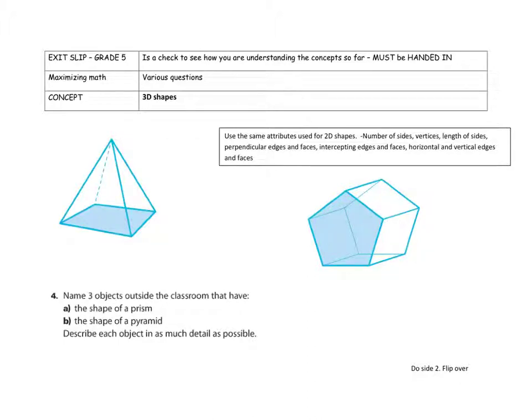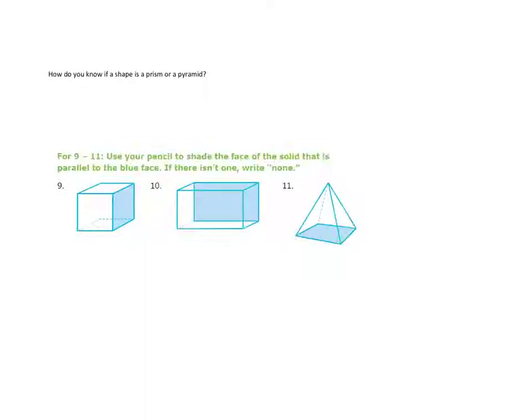All right, after you've done your Connect section, we've discussed it and looked at it together, you can move on to your exit slip. Here's page number 1, and here is page number 2. And once you've completed that, we are in fact finished the unit.